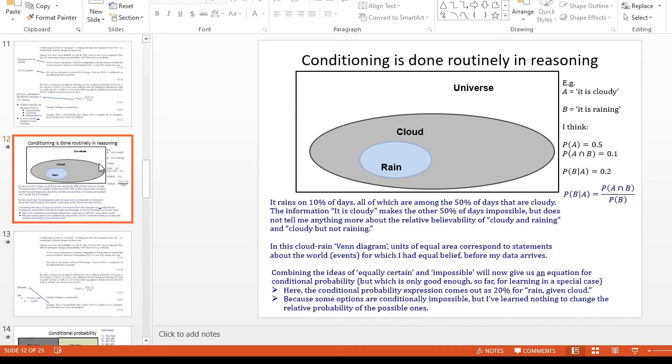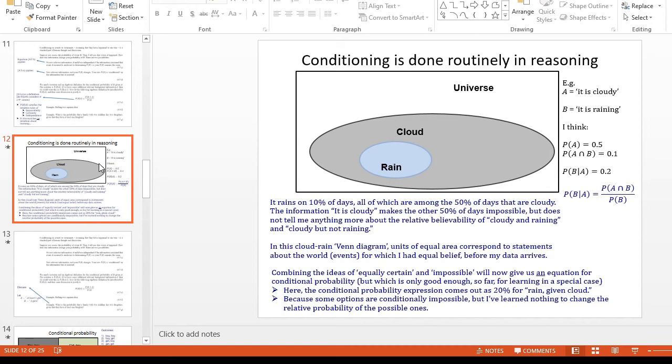Now, if we combine just the ideas that we have so far of being equally certain in outcomes, but not saying anything about them other than they're equally plausible, and impossible, that gives us an equation for conditional probability, which is good enough for learning in a special case.